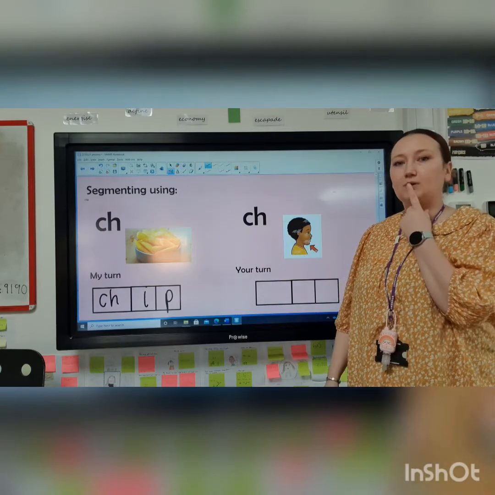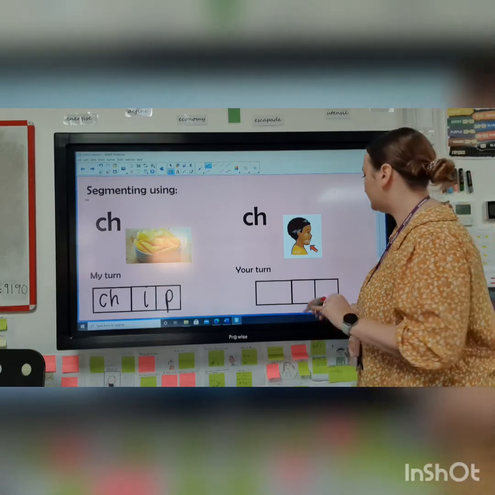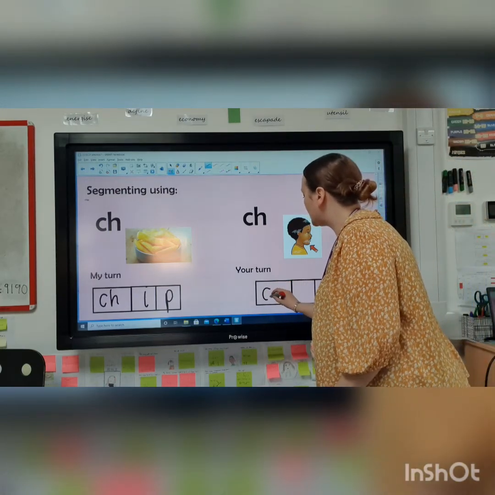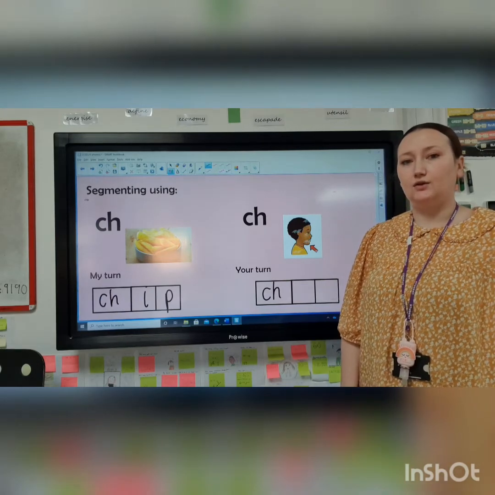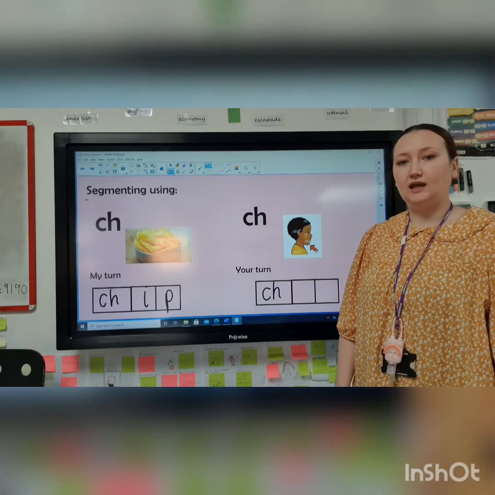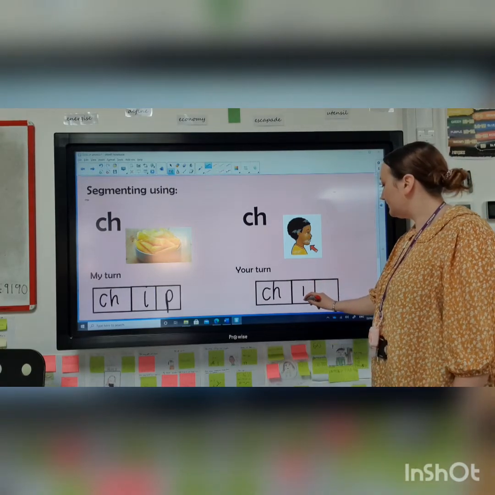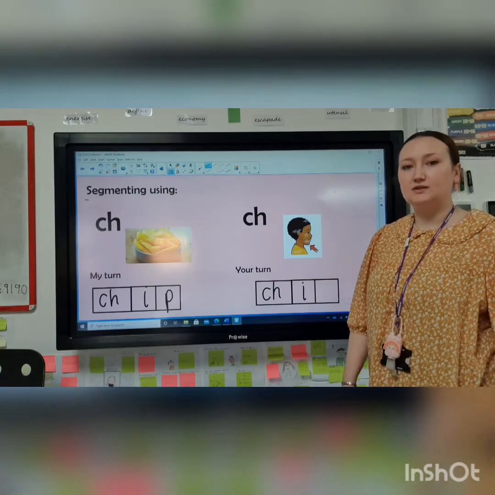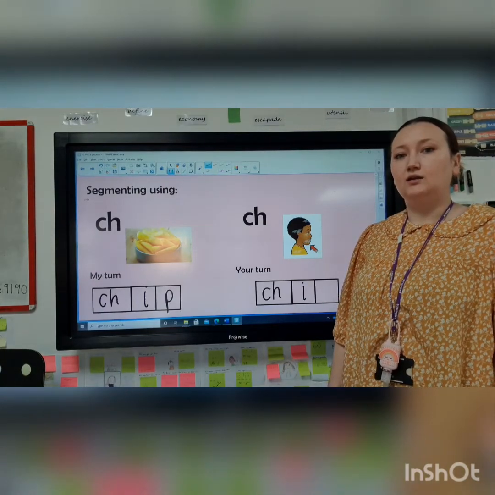Chin. What's that first initial phoneme? Ch. Okay, we've got ch. Chin. What's next? Chin. Eh. Okay, chin. What's the last phoneme in chin? So we've got chin.